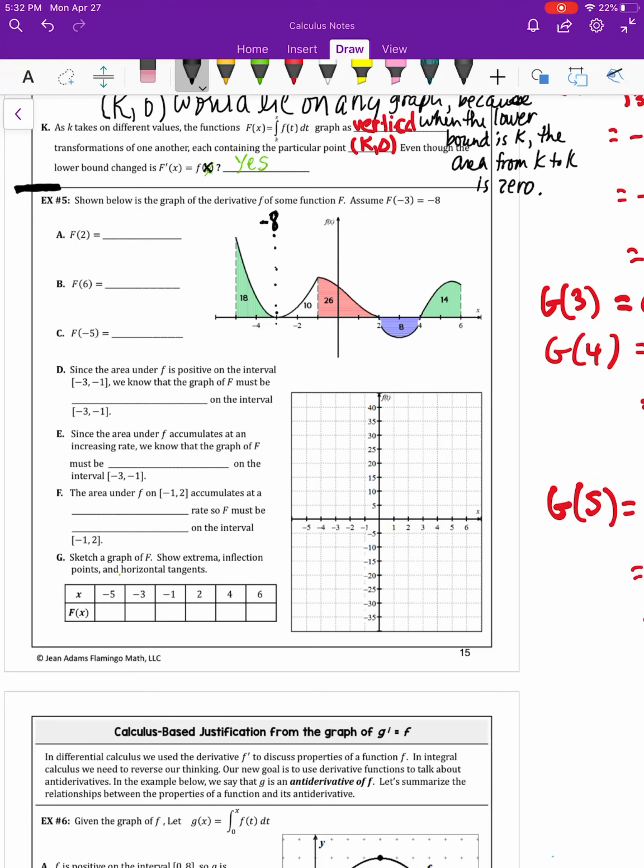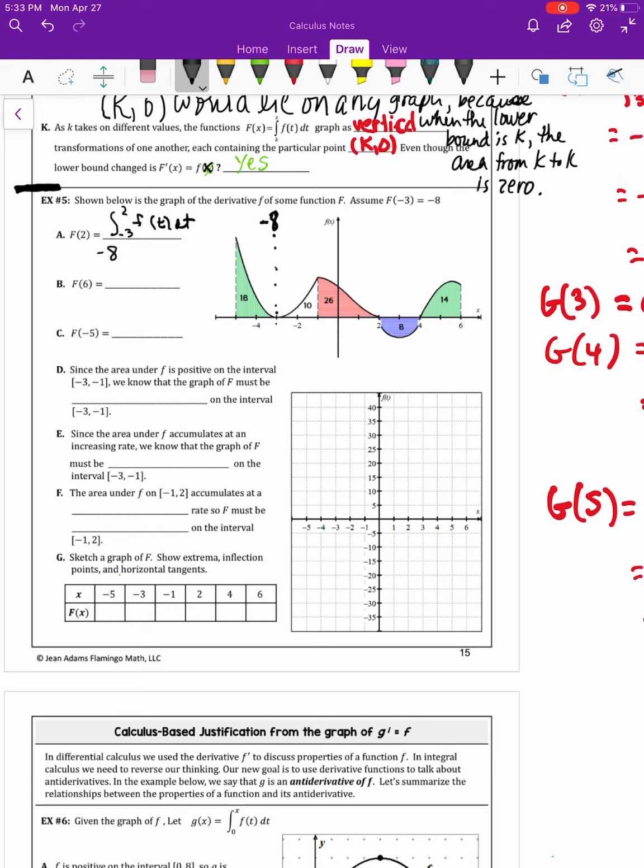And so if they say, what is F of 2, then you're imagining going from negative 3 to 2. And what would that give you if you started with negative 8 at negative 3? Like I said, it's like the integral from negative 3 to 2 of f of t dt.